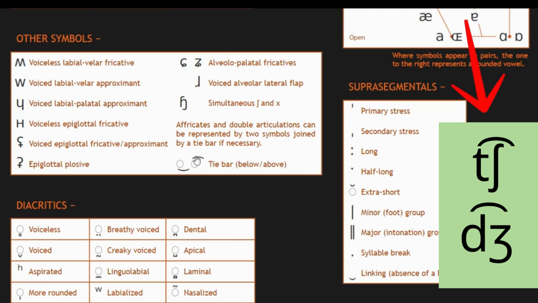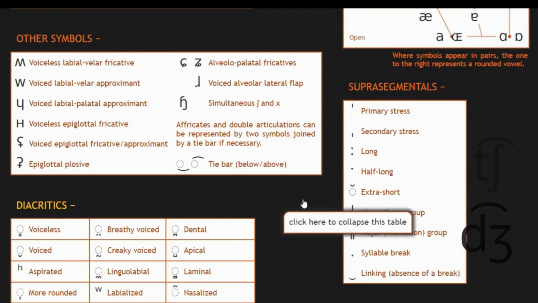You can use them on their own, or you can put a tie bar over or underneath to represent an affricate. So that's all of the symbols that represent the consonant sounds and the diacritics that are used to write the consonant sounds that we've talked about thus far in the course. So if there are any sounds that are really unfamiliar to you or that you have trouble hearing or that are confusing, make sure to spend some time practicing and listening.